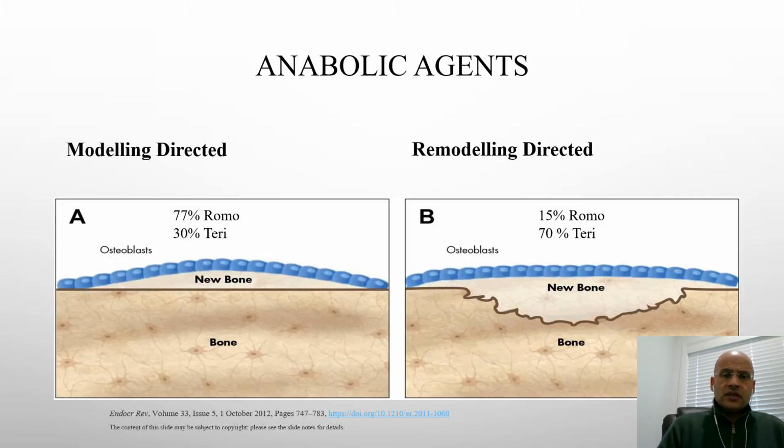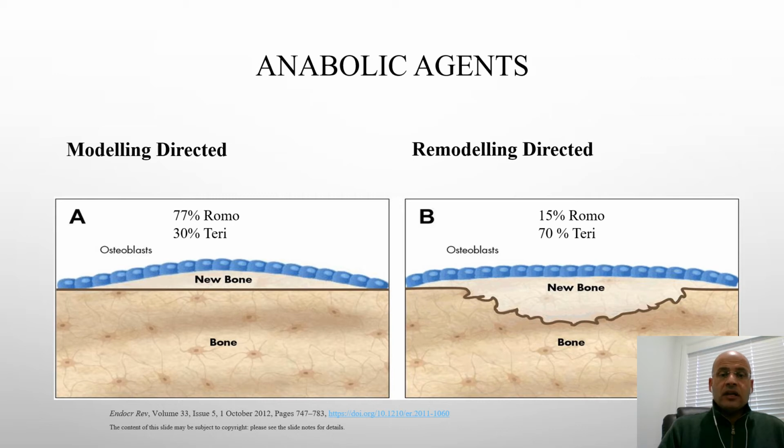This is a schematic cartoon that shows that teriparatide is remodeling based, and it works on the resorption cavities predominantly. So 70% of the BMD gain is by filling up the resorption cavity. There's an extra 30% going over the edges here.